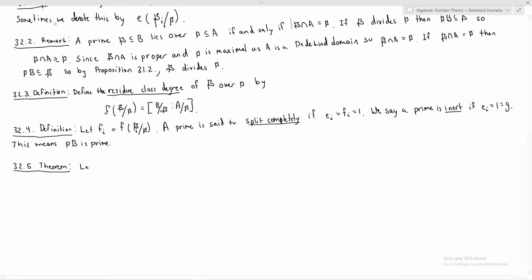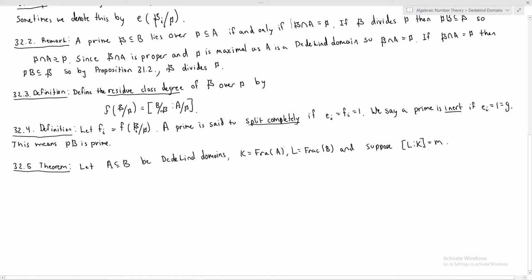Really I want to start with the Dedekind domains. So I'm going to let A contained in B be Dedekind domains, and I'm going to let K be the fraction field of A, L be the fraction field of B. And I'm going to suppose that the degree of L over K is m.